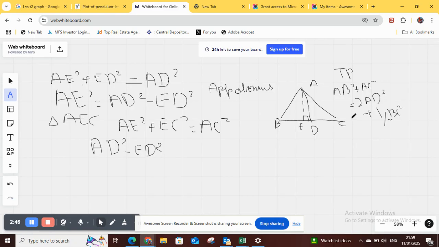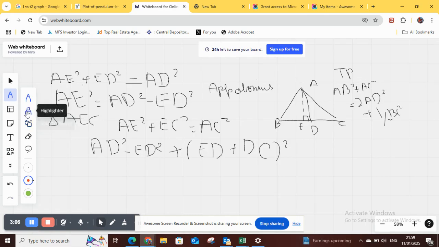Okay, we can write that. We know that, so we can write EC squared as ED plus DC whole square. Actually, I'm going to do it quickly. So I'm just deriving and writing the exact thing.